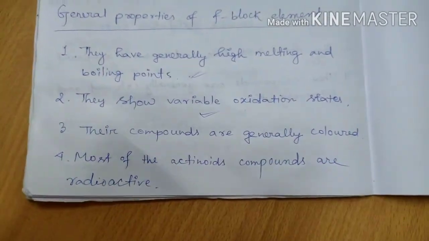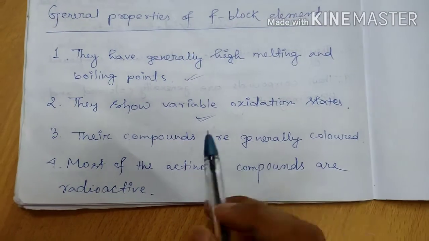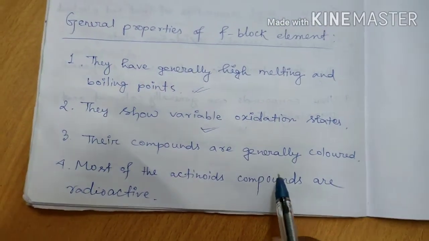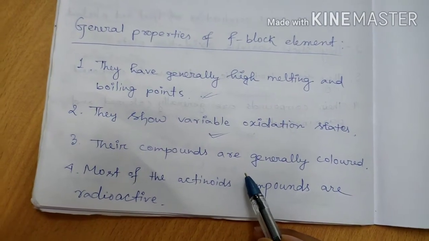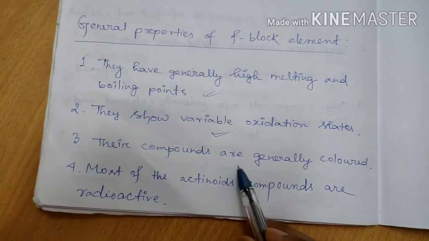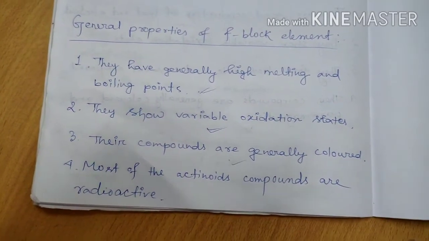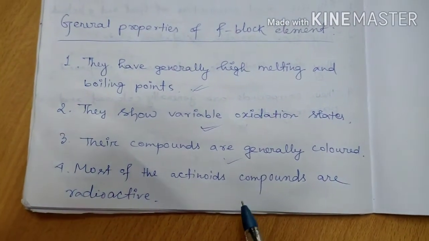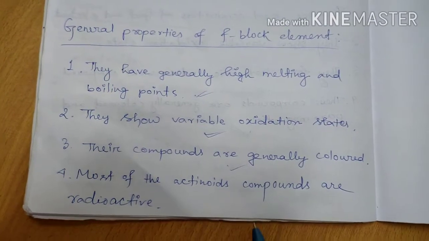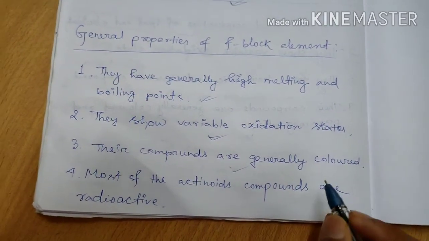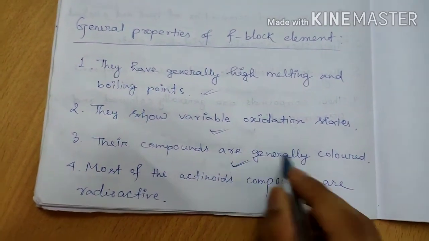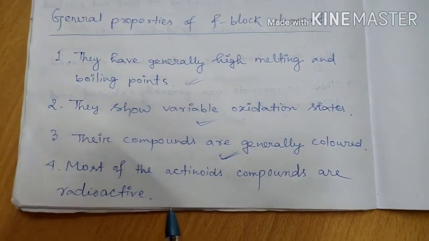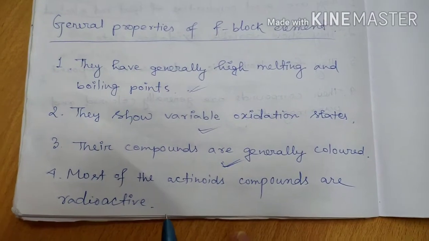And number three property is that their compounds are generally colored. Like d block elements, f block elements also form colored compounds. That is, if we heat f block elements, then they impart color in their flame. So this is also a property of f block elements. Now the last property of f block elements is that most of the actinoid compounds are radioactive.